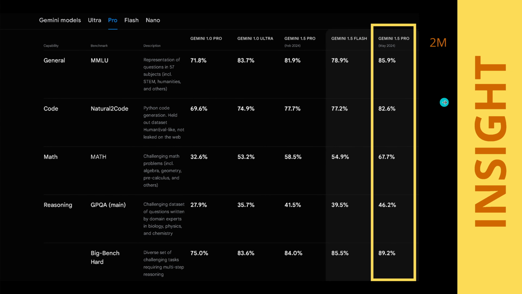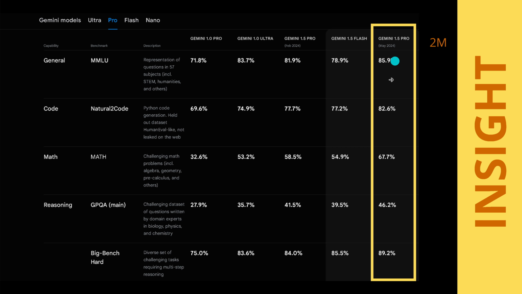For Pro, let me be very specific. We have Gemini 1.5 Pro and Gemini 1.5 Pro that were published in different months. So I'm talking here about the May 2024 version with 1 million token context length. Yes, there's also the upcoming Gemini 1.5 Pro with 2 million token context length.